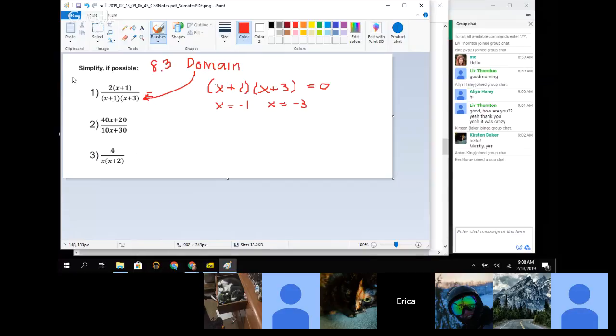So which one is bigger, the bottom or the top? In this case, the denominator is bigger.